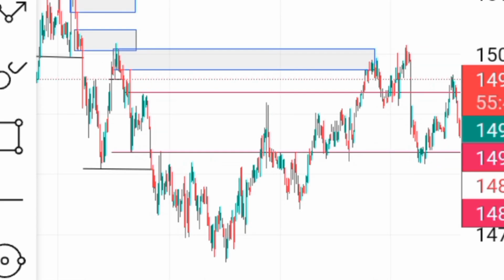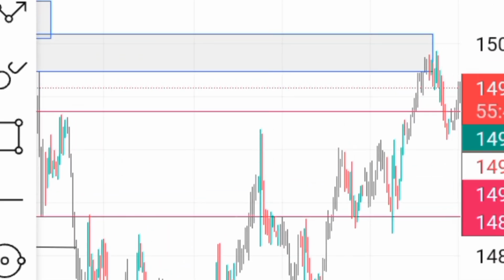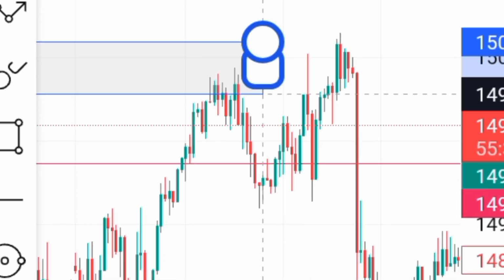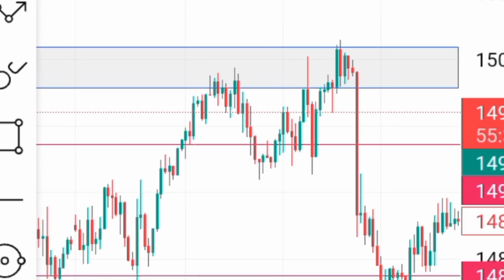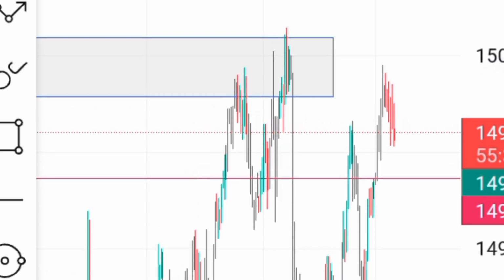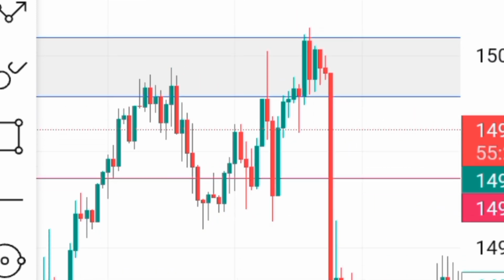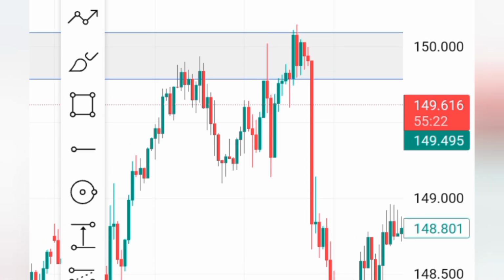You can see, when the market reached there, on that zone, let me show you the confirmations that we would use to enter that trade, guys, right? After the market reached there, you can see what it did.